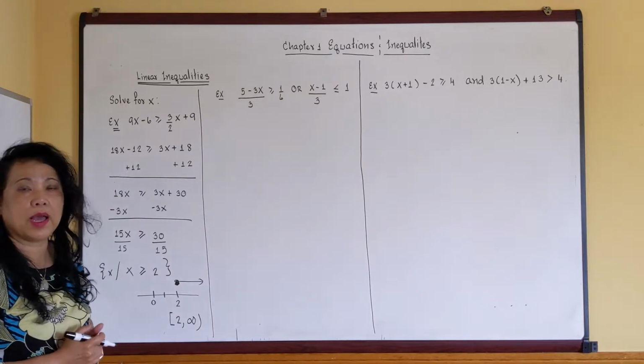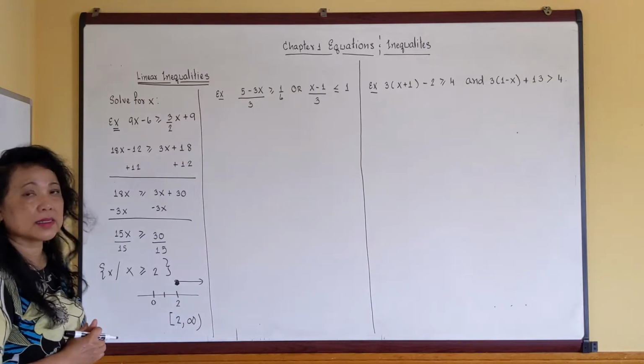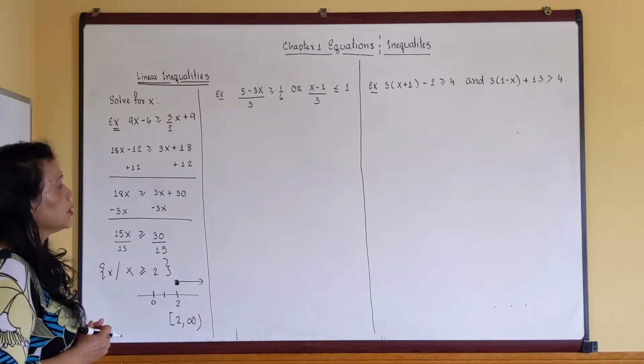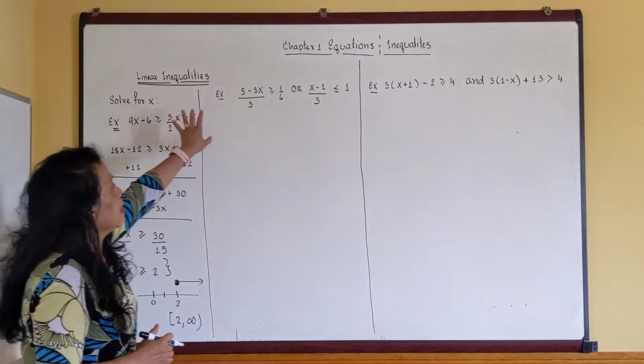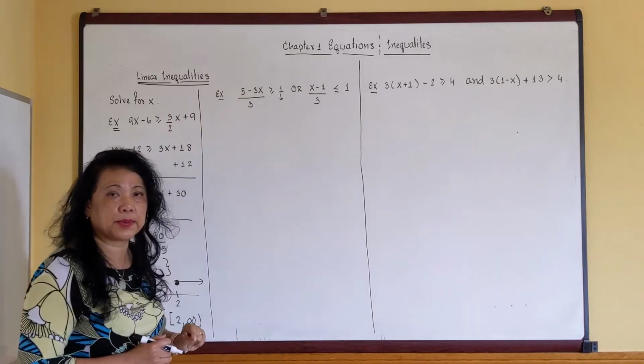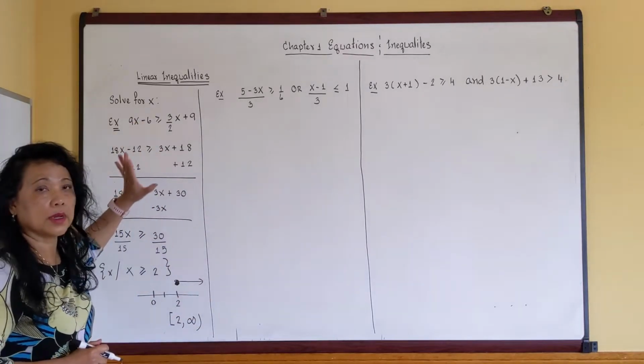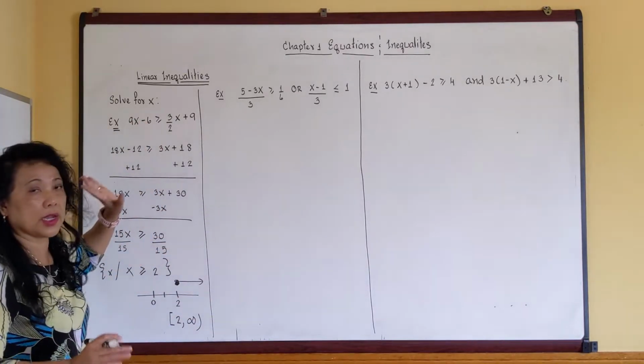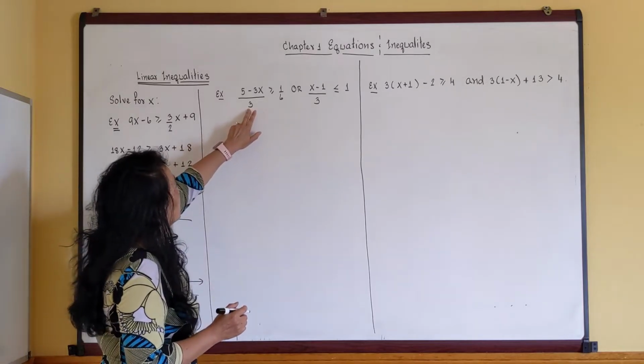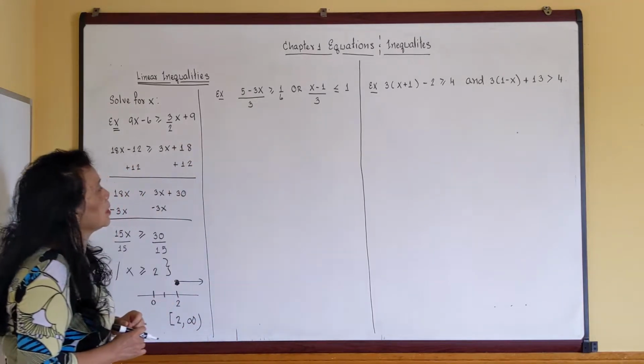Next example, I have a compound statement joined with the word or. You do the same thing. You're just going to solve the left hand side separately and the right hand side separately. I have 3, I have 6, so the LCM will be 6.